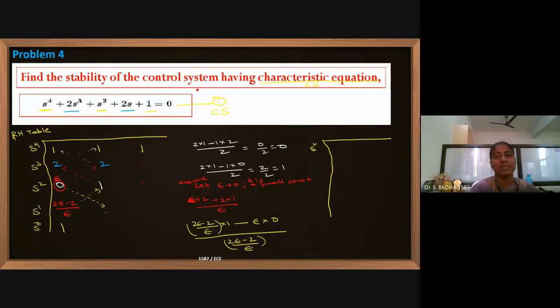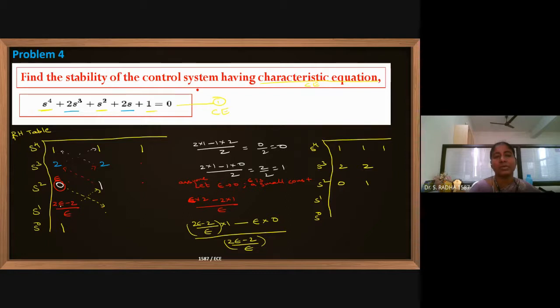So our table now, when you replace it back to 0, it is 1, 1, 1, 2, 2, then it is 0, 1. Then the next element, wherever epsilon is 0, it is 0 minus 2 by 0.